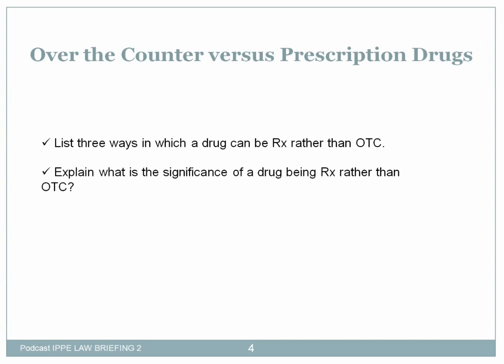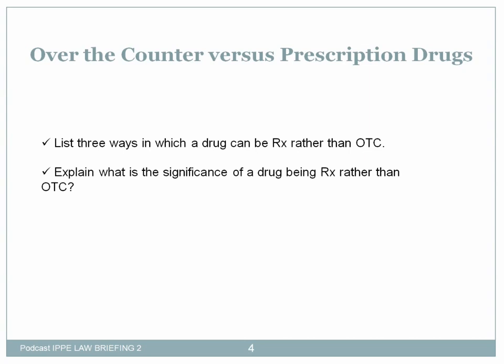Subsection C says because of its toxicity or other potentiality for harmful effects, or the method of its use, or the collateral measures to which use. And what they're talking about there is physical diagnosis. It is not safe for use except under the supervision of a practitioner licensed by law to administer such drugs.